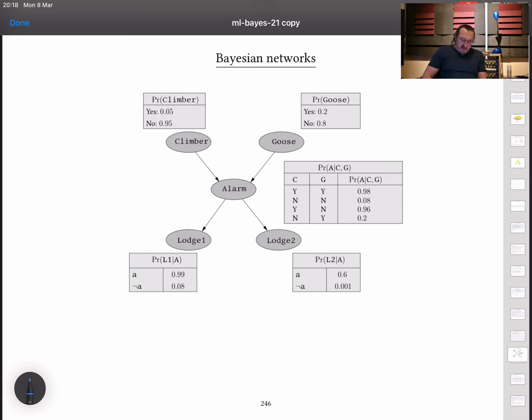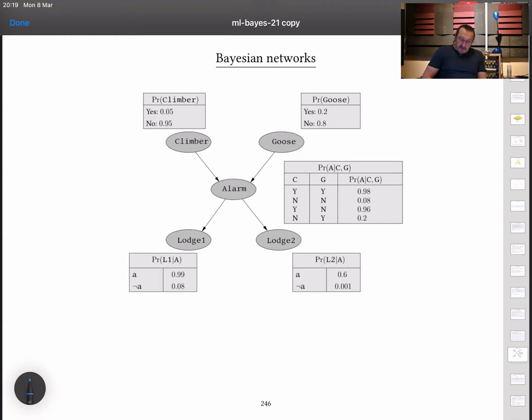We have initial probabilities for there being a climber or a goose on the roof: 0.05 for the presence of a climber and 0.2 for the presence of a goose. We then have an alarm, which is influenced by both climbers and geese.